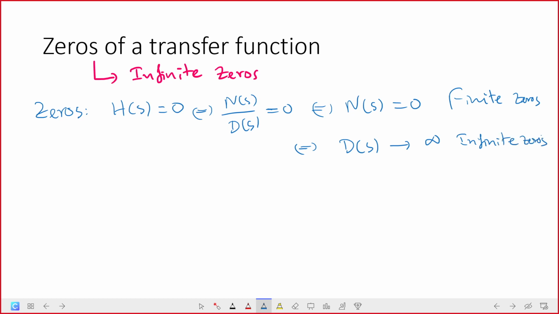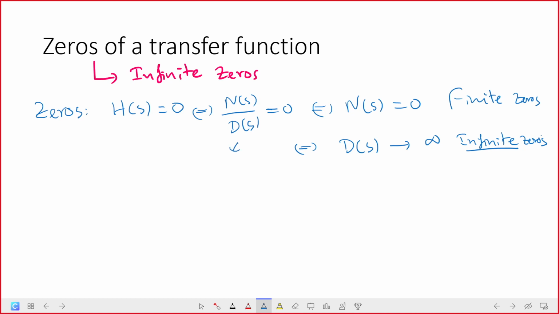It's called infinite because it's not exactly zero when D of s goes to infinity. Actually D of s goes to infinity, N of s also goes to infinity, but because the degree of D of s is greater than the degree of N of s, it's possible that this ratio tends to zero.